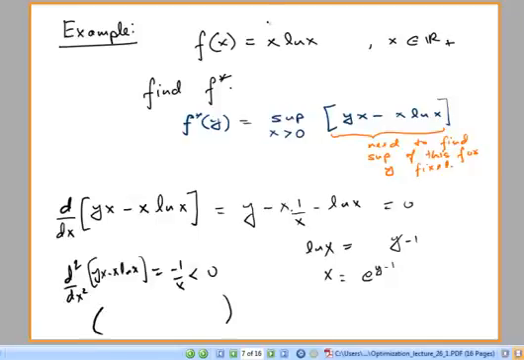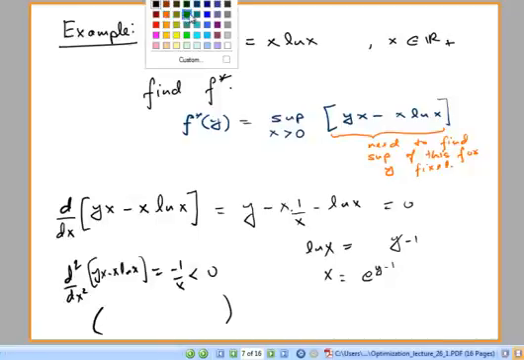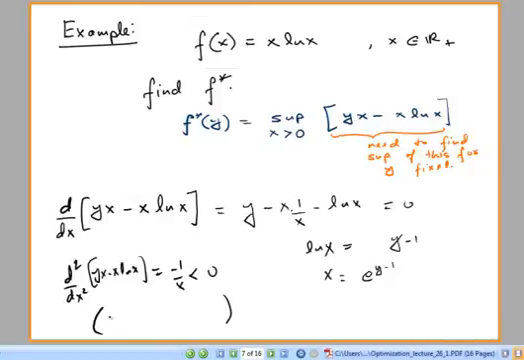So we get that x is equal to e to the power of y minus 1 gives the global maximum. Correct? Global maximum of what?